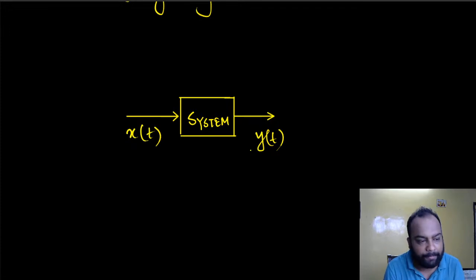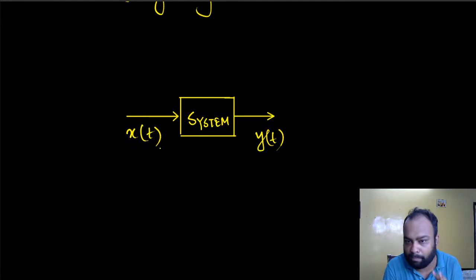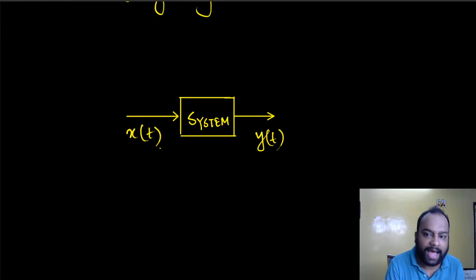Maybe we have derived it, or whatever it is, we know how the system interacts with qualifying input signals, also known as excitations, and how it generates output. So the input output relationship for that particular system is known to us, and that is what matters right now at this top level abstraction. This is one of the highest level abstractions that you can do in control system engineering, and I'm using the term abstraction as a very generic term.